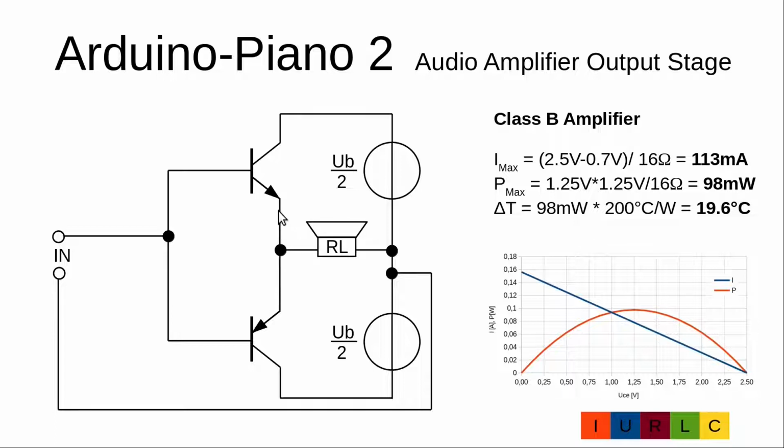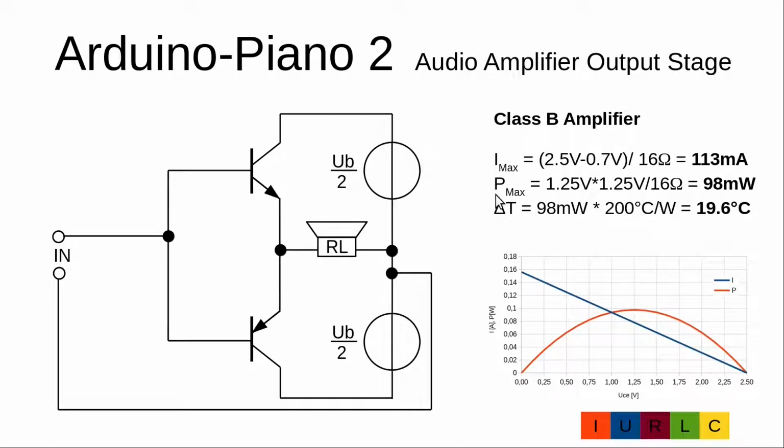And with an increasing emitter voltage, we will have an increasing current through the loudspeaker. So with a decreasing collector-emitter voltage, we will have an increasing current. With the decreasing collector-emitter voltage, the power, or the product from collector-emitter voltage and current, will increase and get its maximum at 1.25 volt, and then it will decrease again.